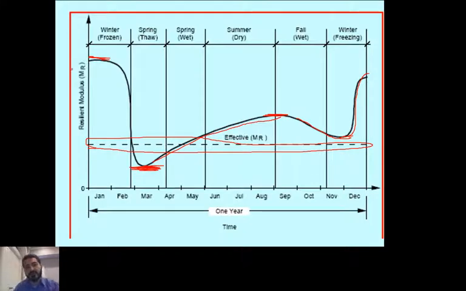So for example, if I apply a load on this soil in January, the damage will be very minimal. While if I apply the same traffic loading on this soil in March, I'm going to have a very high amount of damage. So for the effective resilient modulus, we're trying to pick that value to give us an average damage across the board.